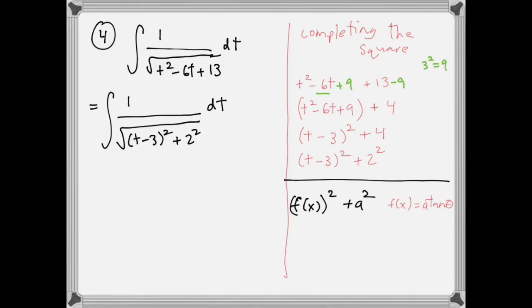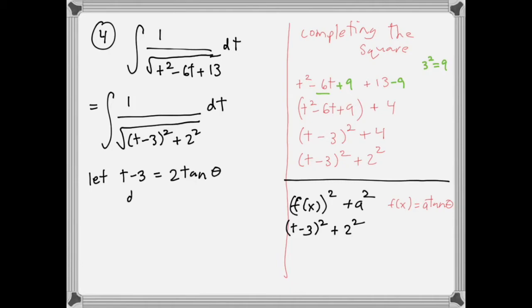So in this case, since we have t minus 3 squared plus 2 squared, this means we're going to let t minus 3 equal 2 tan theta.